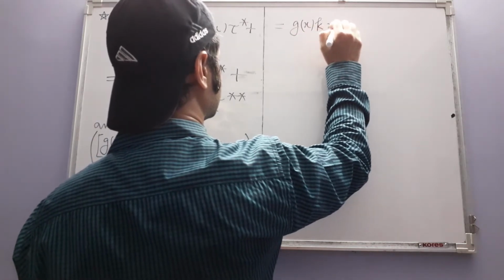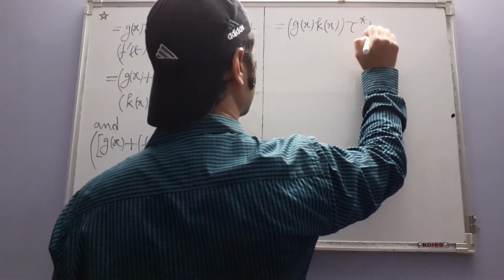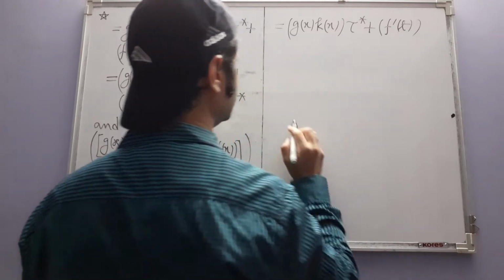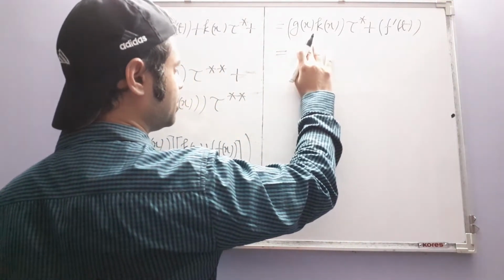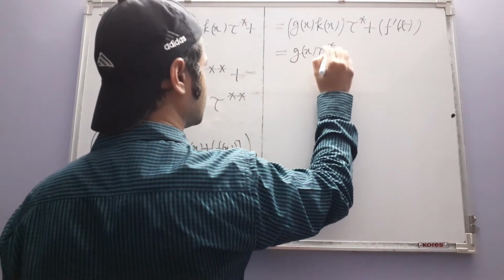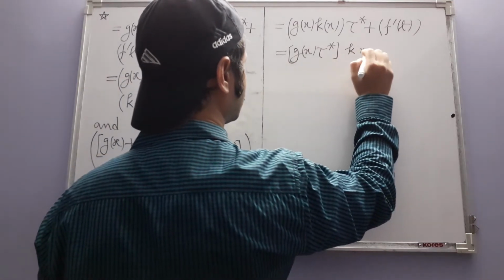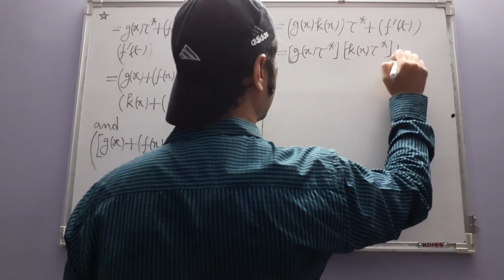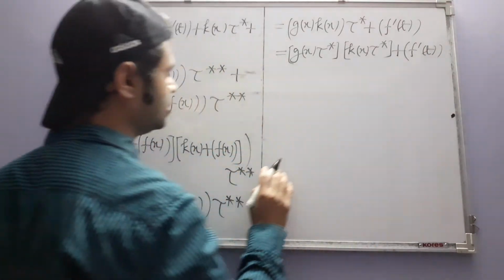Gx kx tau star plus f prime t. Tau star respects multiplication, so this is gx tau star times kx tau star plus the principal ideal generated by f prime t.